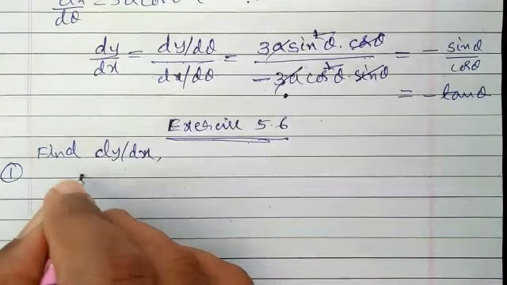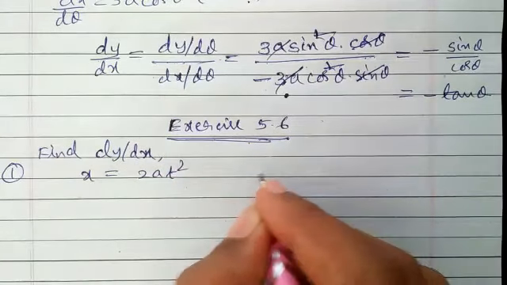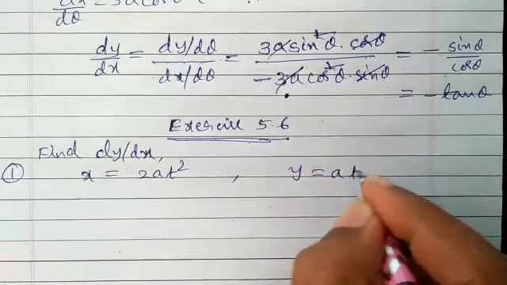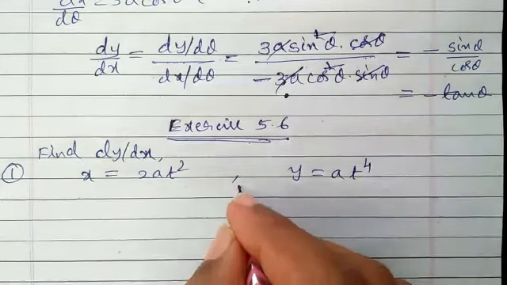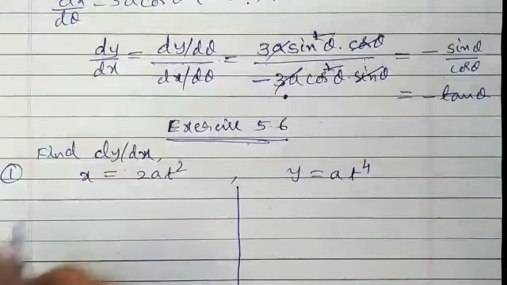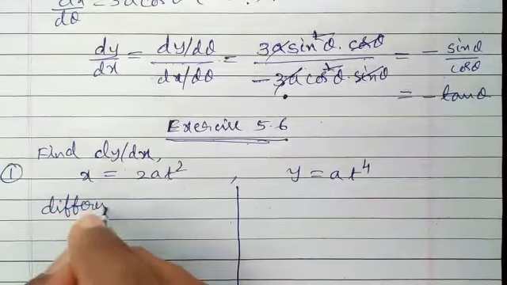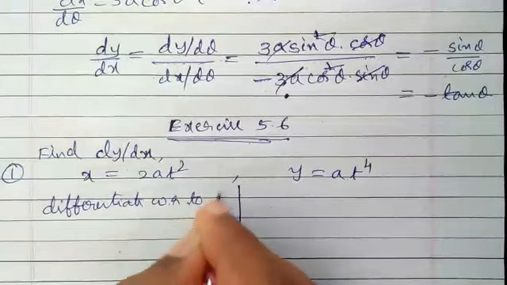The problem is x is equal to 2at square, y is equal to a into t to the power of 4. Like that you can separate the problem and make it a little bit modular. Here the variable is t, so differentiate with respect to t.